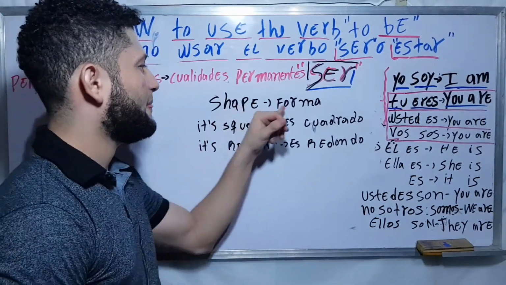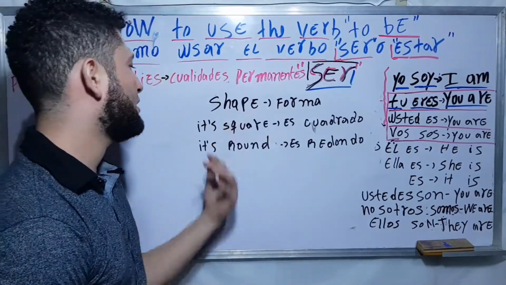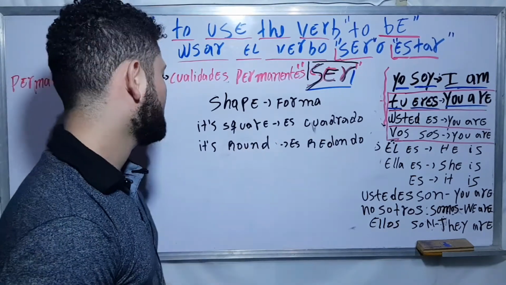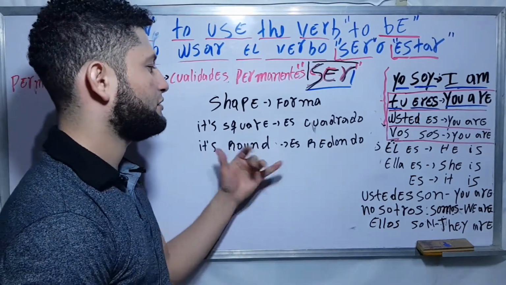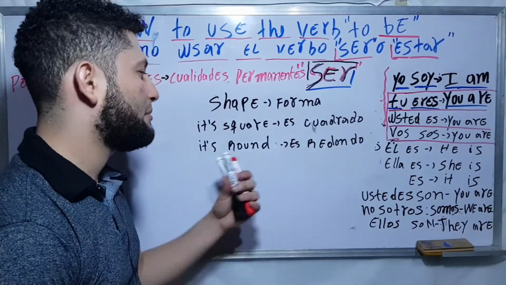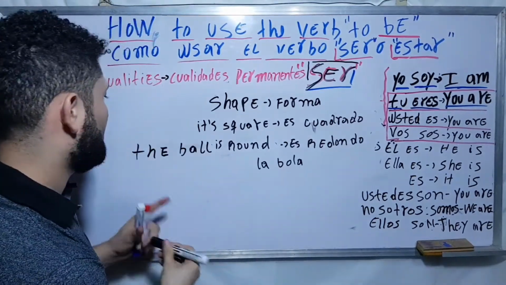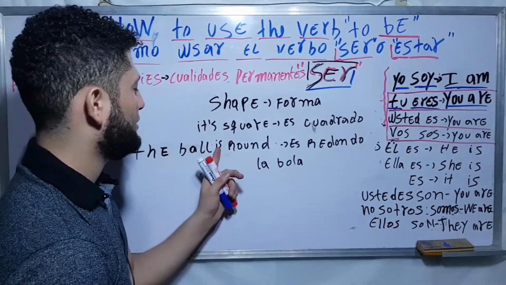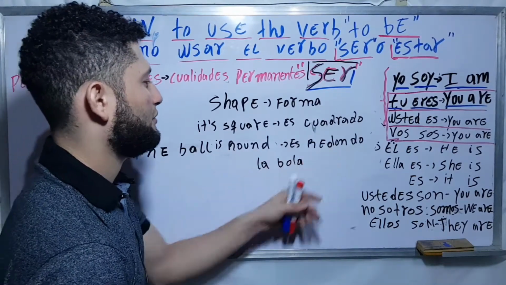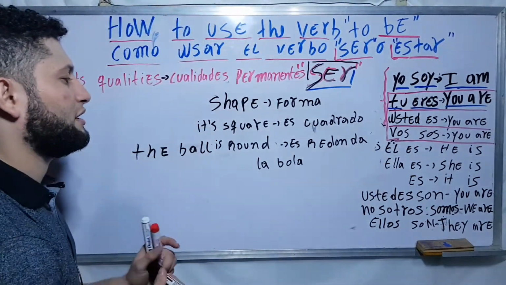Shape, forma. For example, it's square, es cuadrado, it's round, es redondo, maybe a ball. I can say the ball is round, la bola is redonda. In this case I need to say redonda, so it's not redondo.